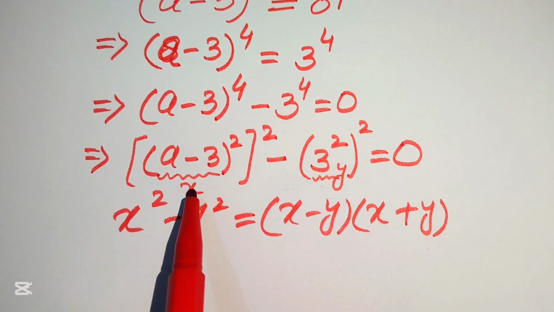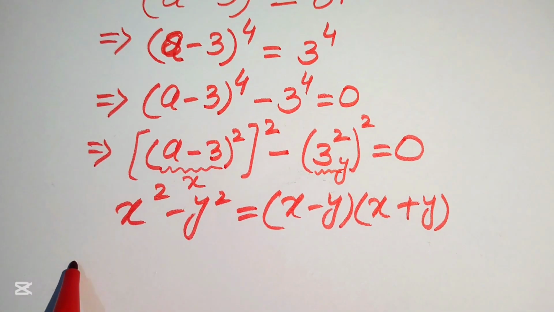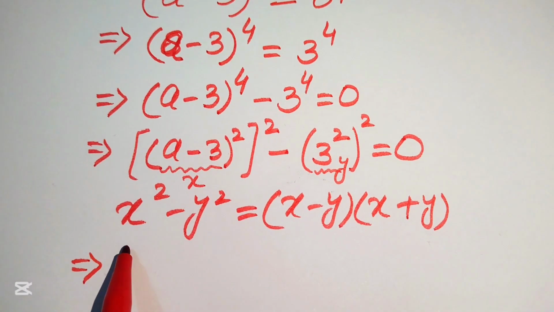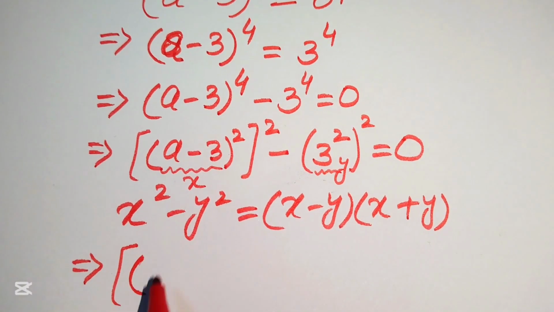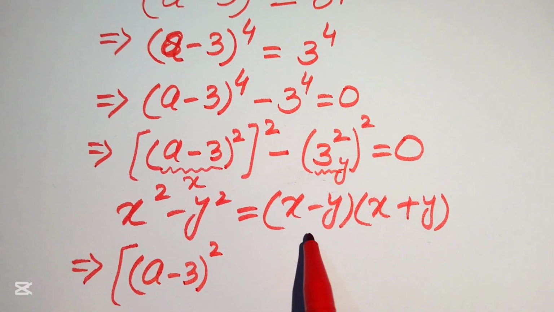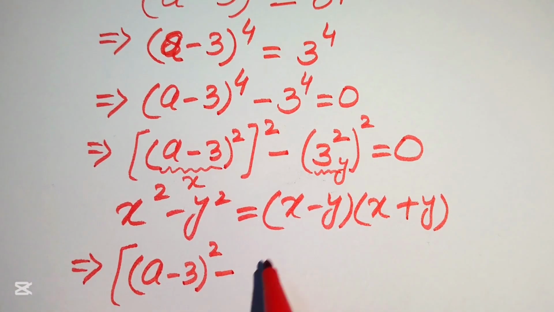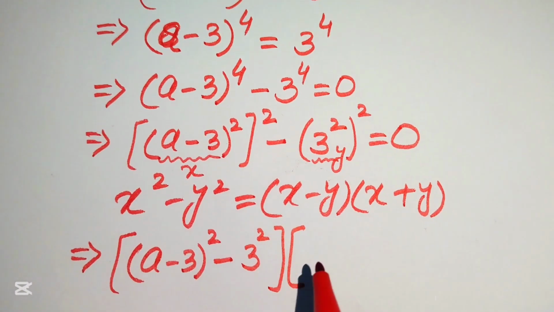So we substitute the values of x and y in the right hand side of this formula. First we write the factor x - y. The value of x is (a - 3)^2 minus the value of y, 3^2.